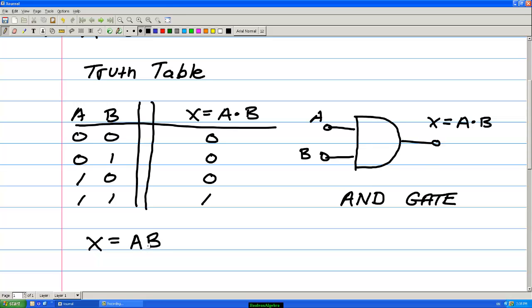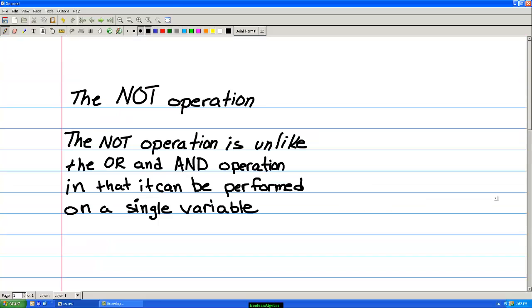So now let's go on to complementation or inversion or the NOT operation. So now let's go over the NOT operation. The NOT operation is unlike the OR and AND operations in that it can be performed on a single variable.